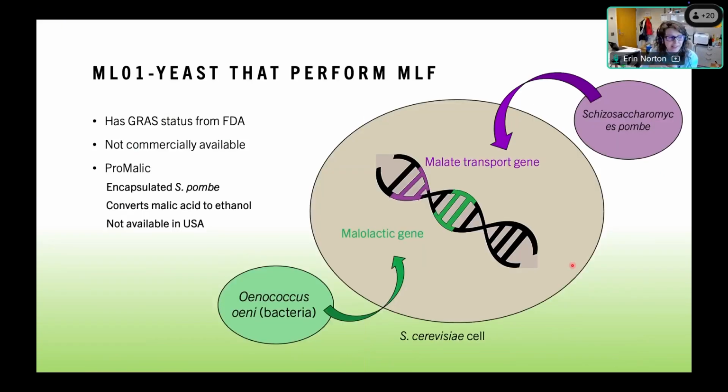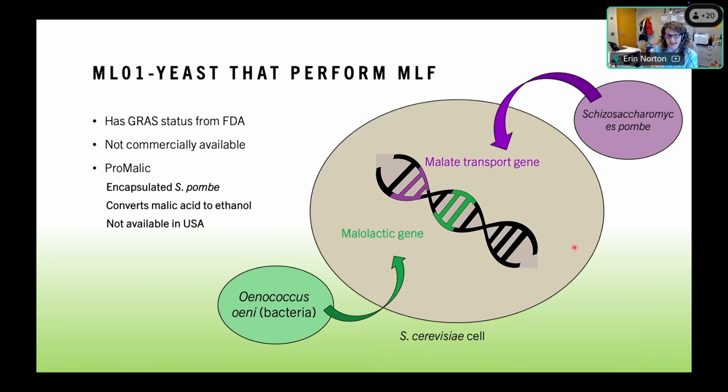So one other thing that I wanted to point out with malolactic fermentation is that there is a yeast that was genetically engineered to perform malolactic fermentation. And it was developed in Canada, in British Columbia. It does have generally regarded as safe status here in the US, but I cannot find where it is commercially available. If anybody knows, let me know.